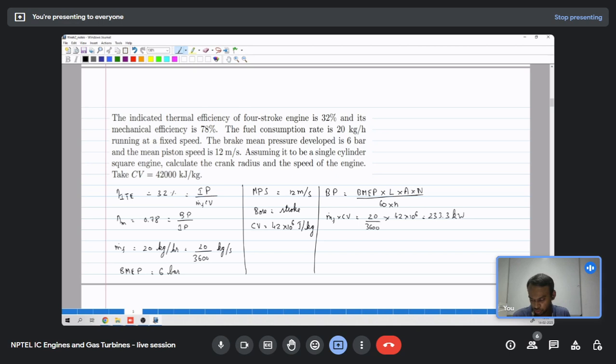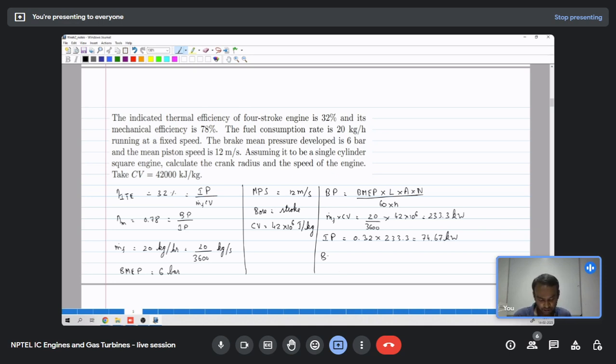Now using the indicated thermal efficiency equation, I can calculate indicated power as 0.32 into fuel power. So that is 0.32 into 233.3, which is 74.67 kilowatt.